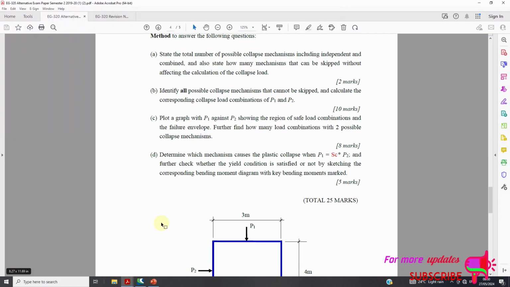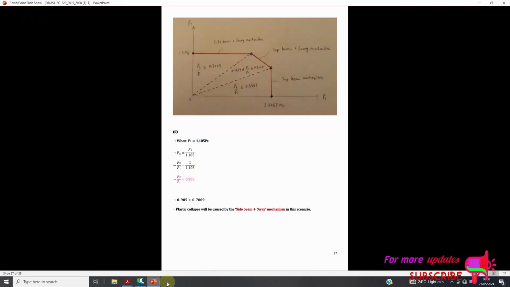Now we're in question D. Determine which mechanism causes plastic collapse when P1 is equal to a number you determine yourself times P2, and further check whether the yield condition is satisfied or not by sketching the corresponding bending moment diagram with the key bending moments marked.